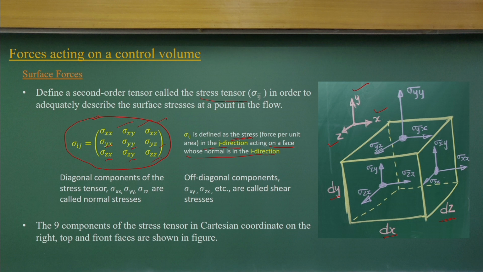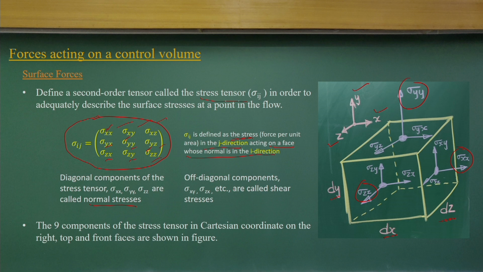If you look at the diagonal components, like sigma xx, sigma yy, sigma zz, these are all normal components to the surface. That means they are compositions of the pressure force and the viscous force component.